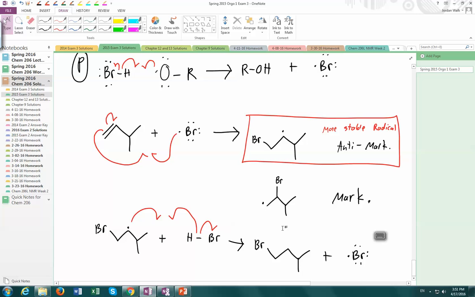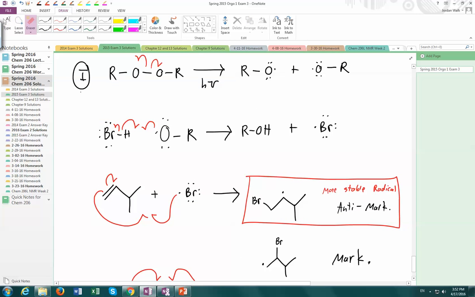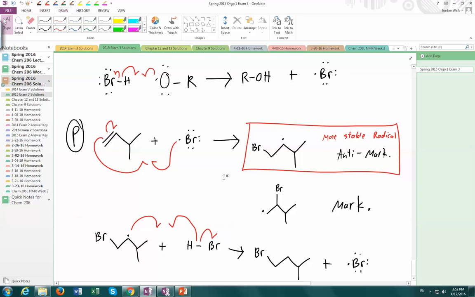And so one change we need to make is this right here. We don't actually go back, this is actually the beginning of our propagation because we're generating a bromine radical. So our bromine radical in this case goes back to here. The most important part of this is just knowing that you're going to get the anti-Markovnikov product. So these radical mechanisms get a little funky.